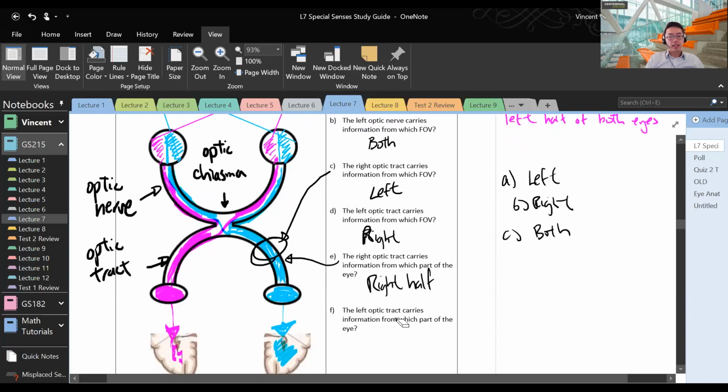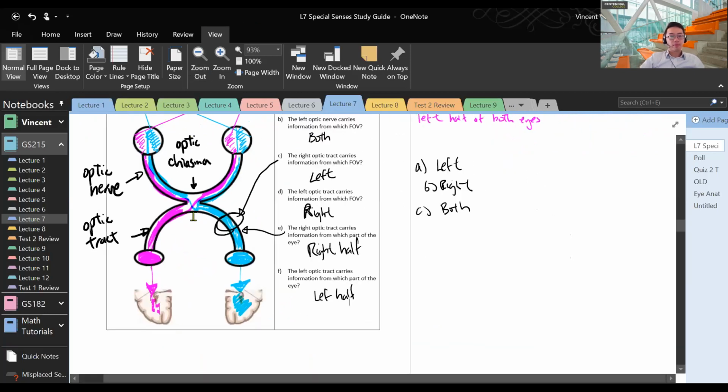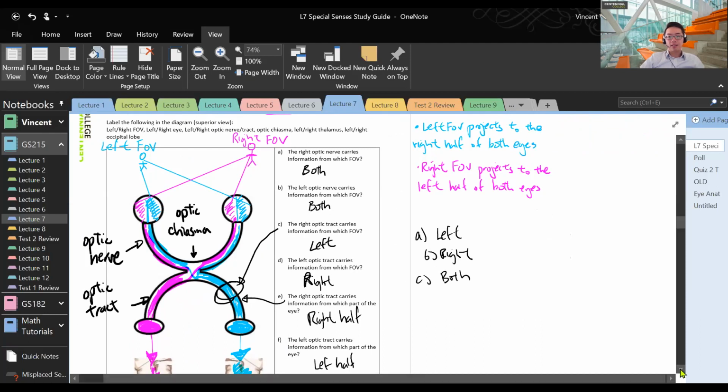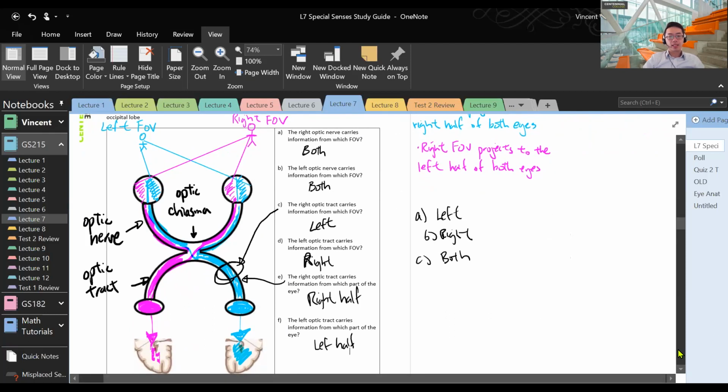And on the other hand, the left optic tract carries information from the left half of both eyes. So make sure you have this diagram handy when you're doing a test or something, so you can refer to it.